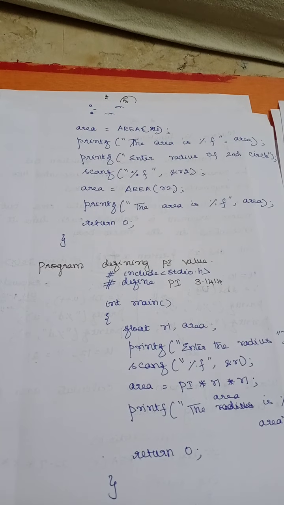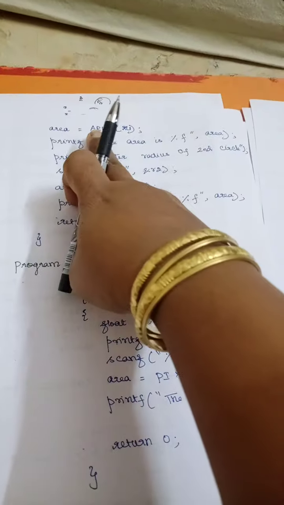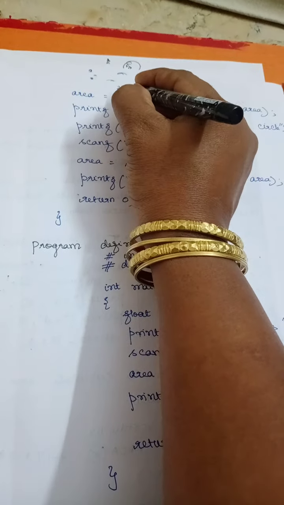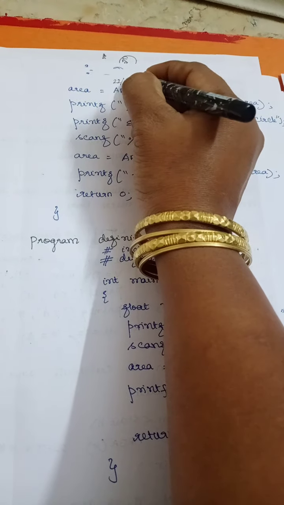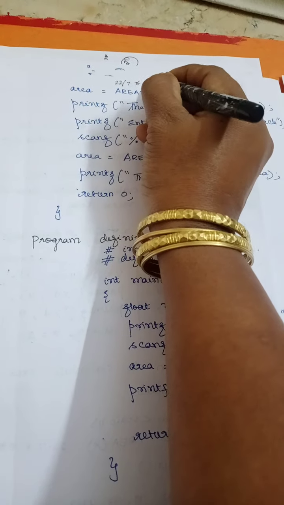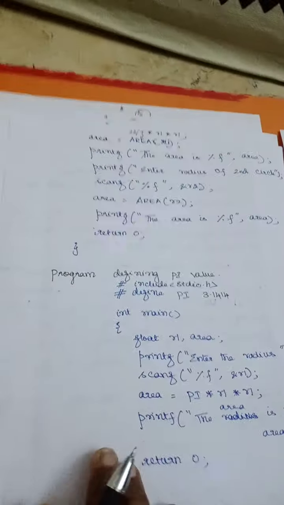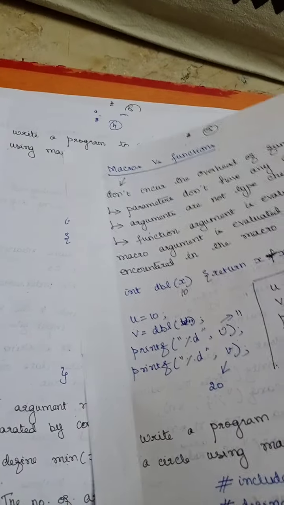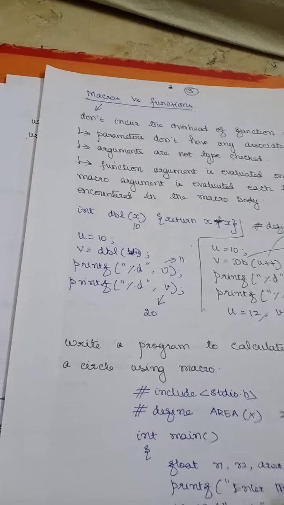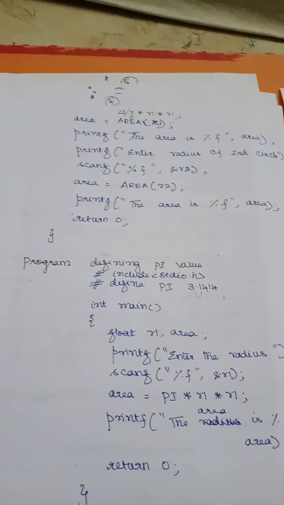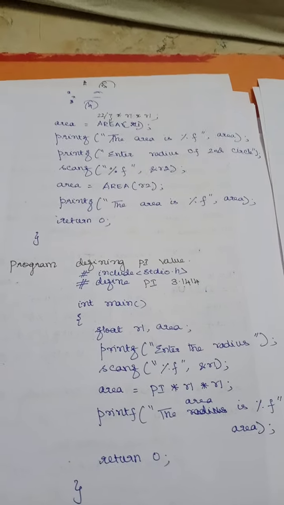Is that clear? In a function, that value will be returned, but here it will be replaced by 22/7 into r1 into r1. This will be replaced. Is that clear? Or else you can write it as 3.14, pi r square.